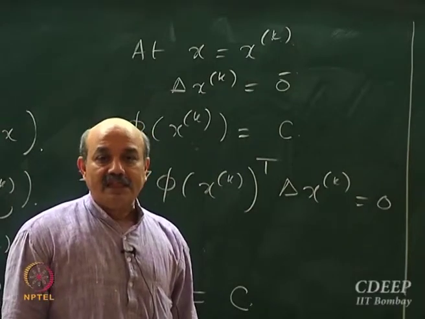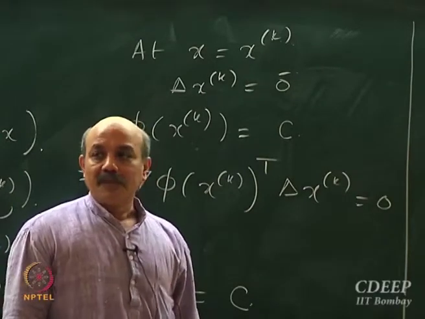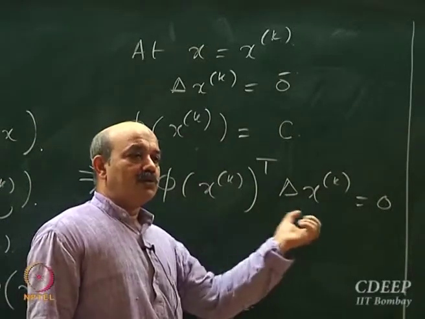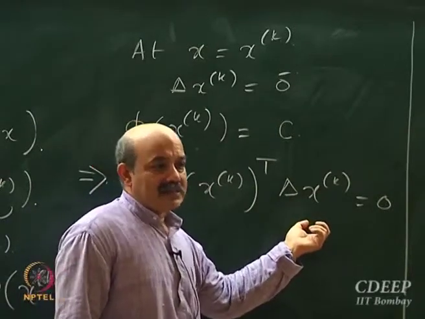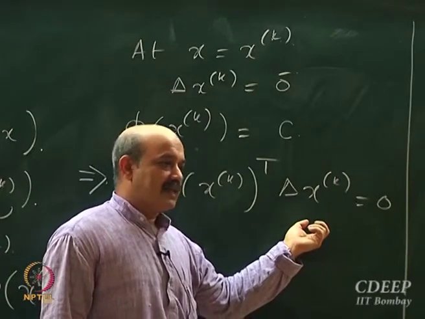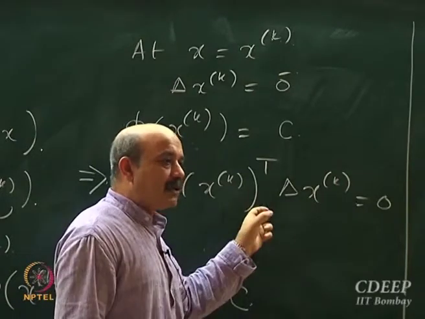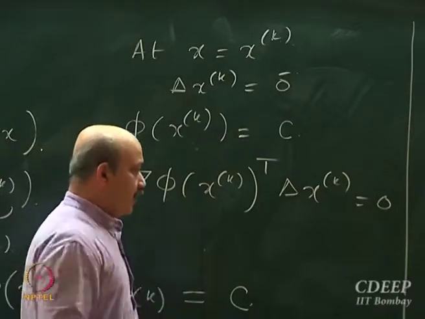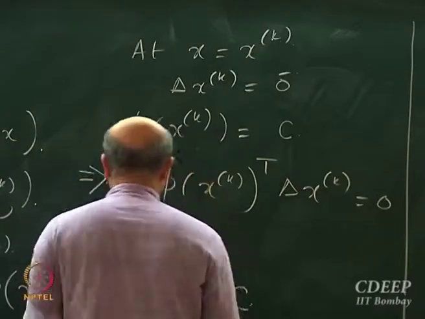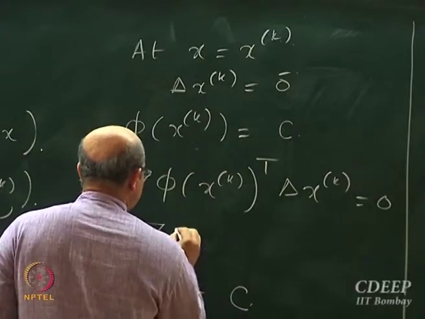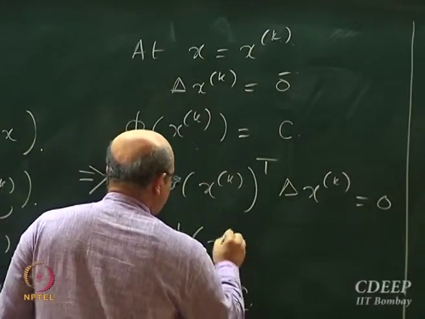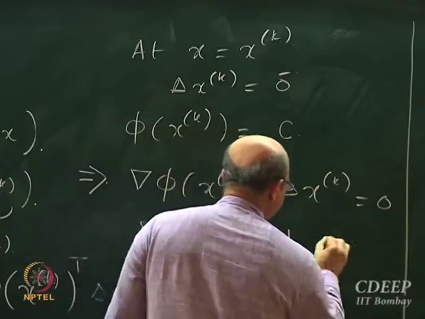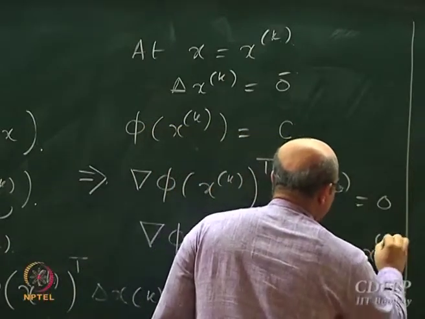Geometrically, what does it mean? The gradient is perpendicular to delta xk. Delta x, that is x minus xk, is perpendicular locally to the gradient. So locally, gradient of phi is orthogonal to x minus xk.